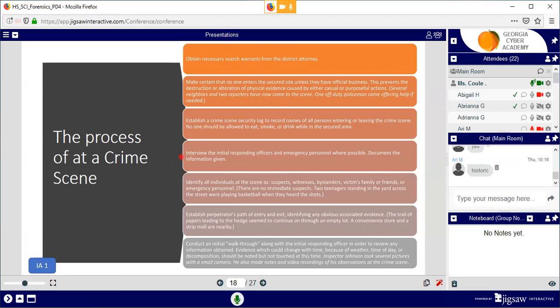We interview the initial responding officers if necessary. We identify all the individuals: suspects, witnesses, bystanders, family and friends, emergency personnel. Then we look to see how the perpetrator got in and out of the crime scene. And then we conduct a walkthrough of the crime scene looking for evidence.